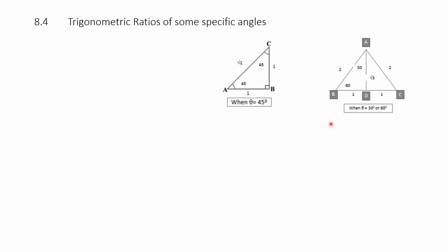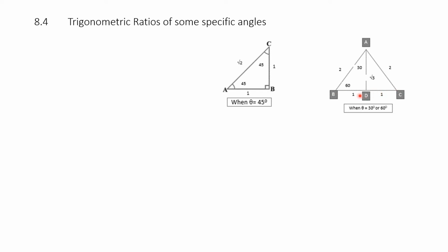For these ratios we have to consider an equilateral triangle. Consider a triangle having all three sides equal to 2, that is AB is equal to 2, AC is equal to 2 and BC is also equal to 2.